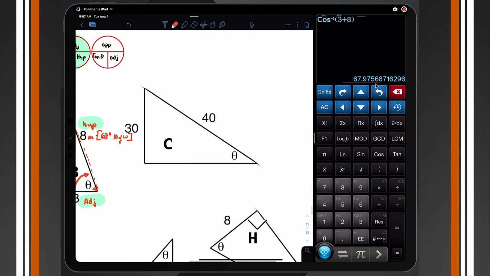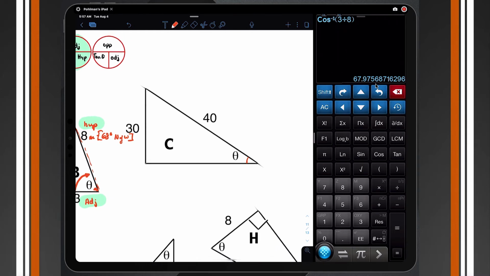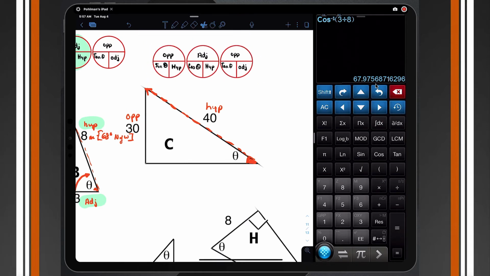Let's look at letter C. Letter C, our angle is down here. So that tells me my resultant is pointing in the northwest direction. All right. So labeling up my sides, I know that the 30 is the opposite side. The 40 is the hypotenuse. The formula that involves the opposite and hypotenuse, I have opposite here, hypotenuse here. So that means I'm using sine. I'll have sine theta equals 30 divided by 40.